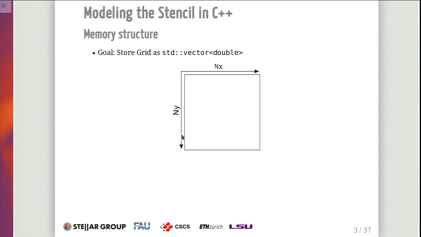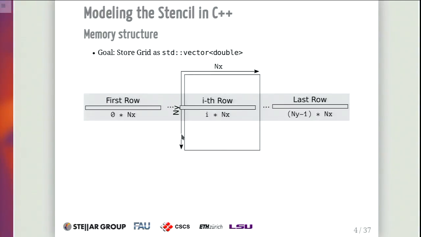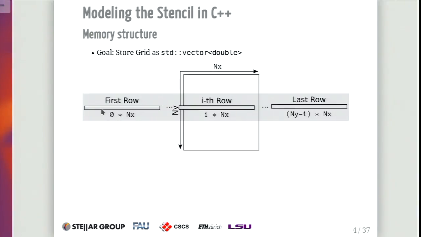Okay, so since we want to store it in a vector, we are dealing with contiguous memory. Okay, so that means that the first row will begin at the 0th index, right? And then the i-th row will be at the i times nx index, and the last row will be ny minus 1 times nx, right?